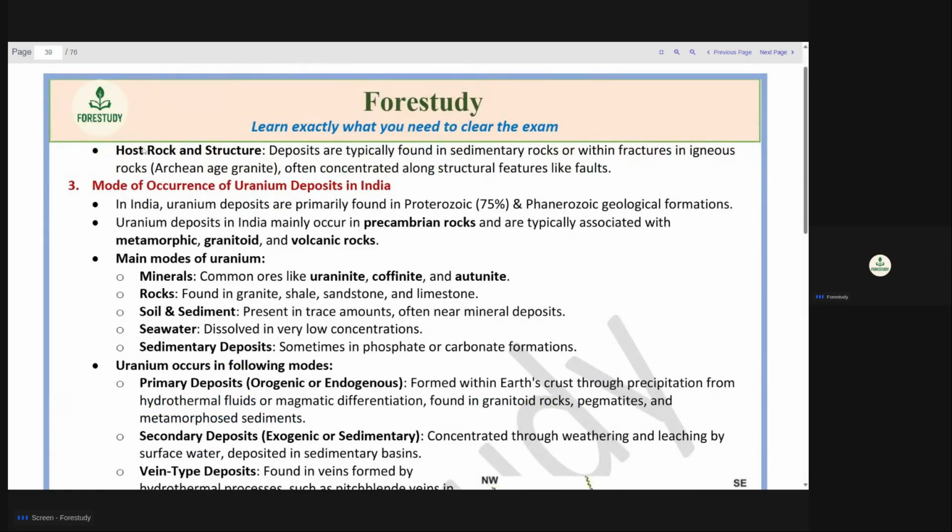Host rock and structure. Deposits are typically found in sedimentary rocks or within fractures in igneous rocks, Archean age granite, often concentrated along structural features like faults. So in faults, they can be there. So this is a fault surface. You can find uraninites in these areas, in fractures.